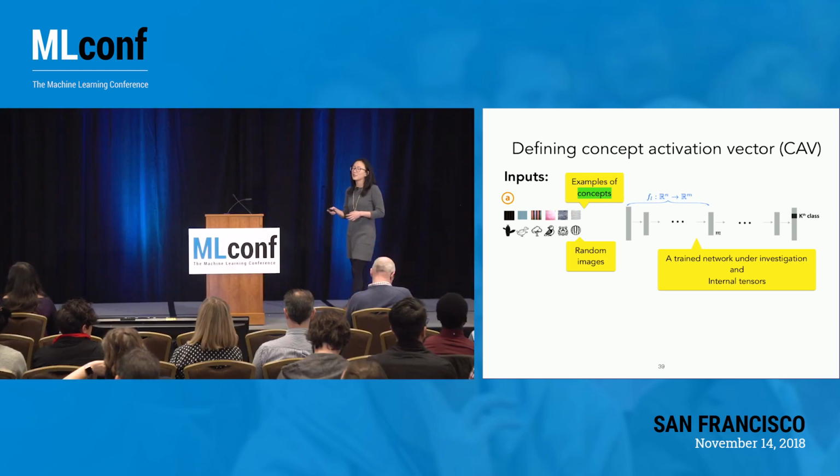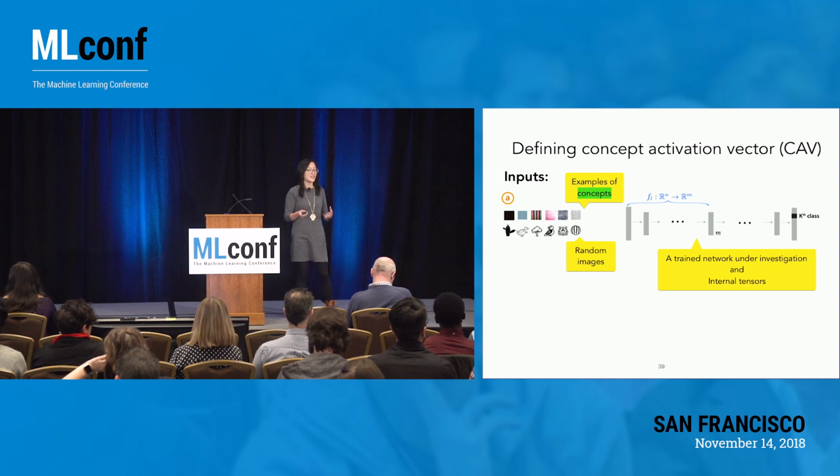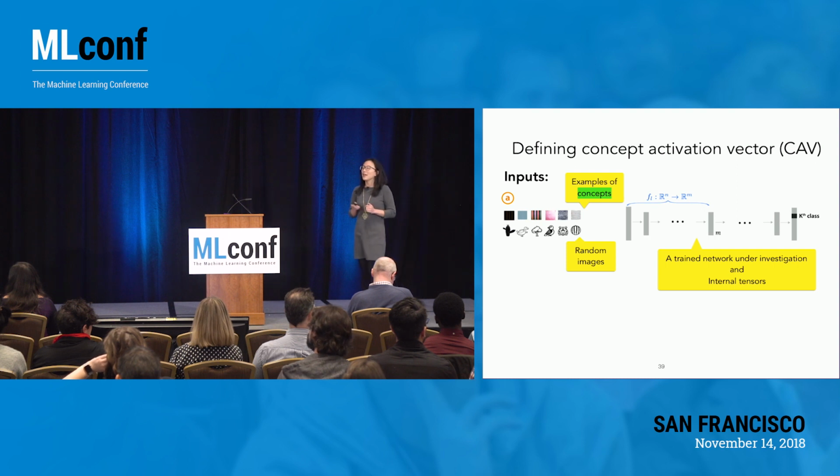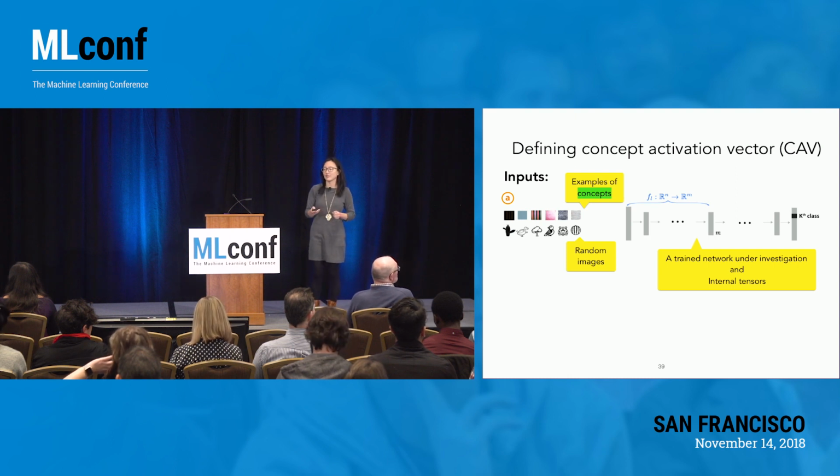To learn a CAV, you need a couple of ingredients. First, you need examples of the concept, in this case, stripedness images, and you need some random images. Then there is your network that you want to investigate, and you have access to the activations of this network. Given an image, you can retrieve the activation.